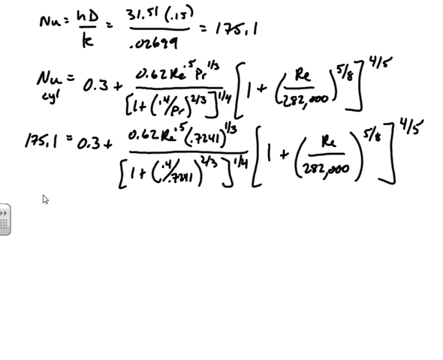Okay, so we have one equation, one unknown. This winds up having to be solved in an iterative fashion or with a guess and check. So let's guess and check on this.